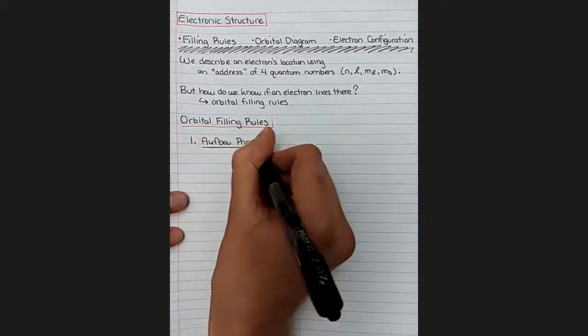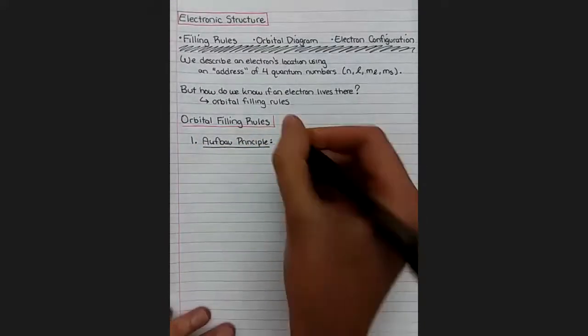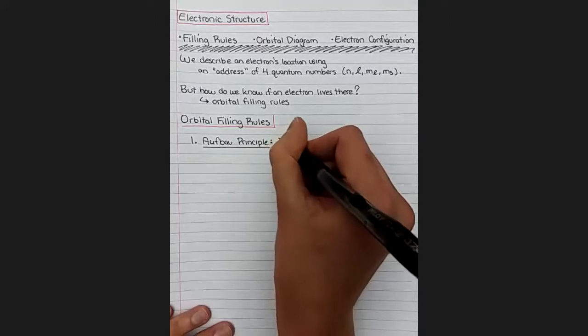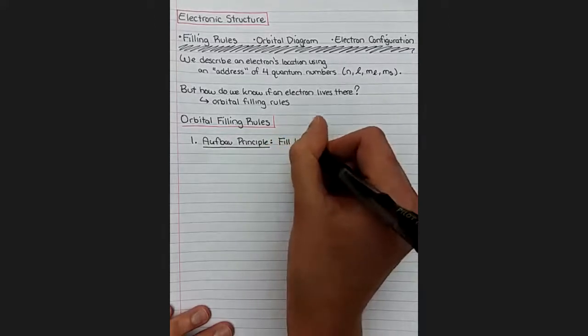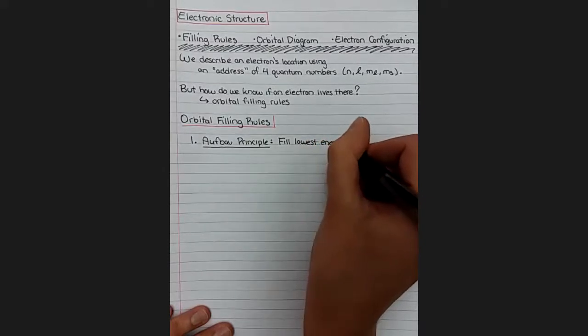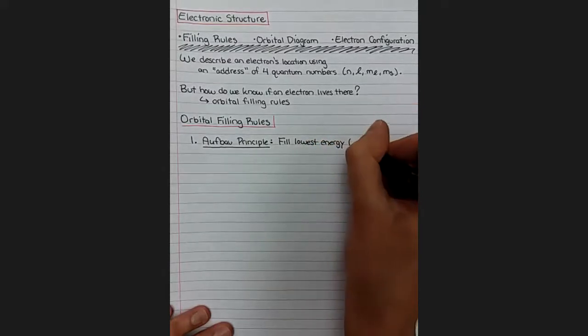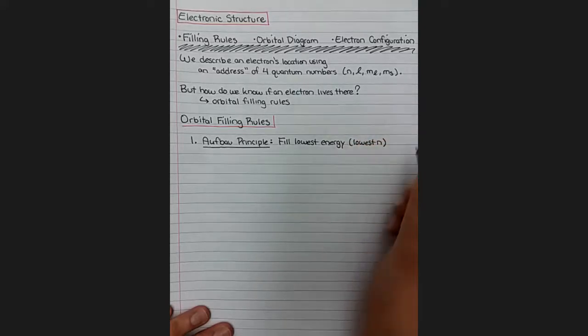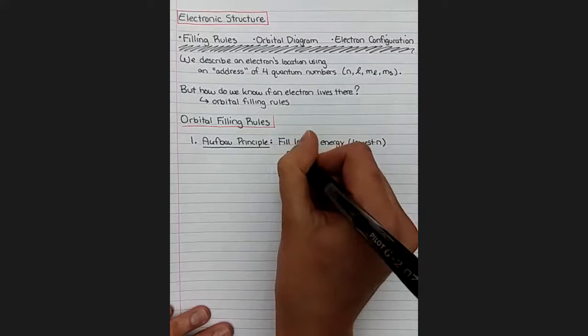Aufbau being the German word for building up. And this principle says you fill the lowest energy orbitals, by which we mean, of course, the lowest principal quantum number orbitals, first.